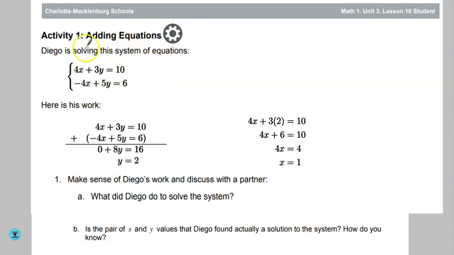So here's the problem Diego has. Here's the work he did, and he got the right answers. So at the end, he would say the solution is 1, 2. But look at that and see if you can answer part A and part B. Pause for a second.